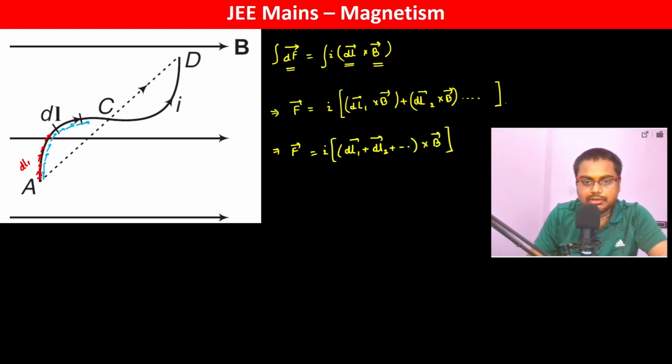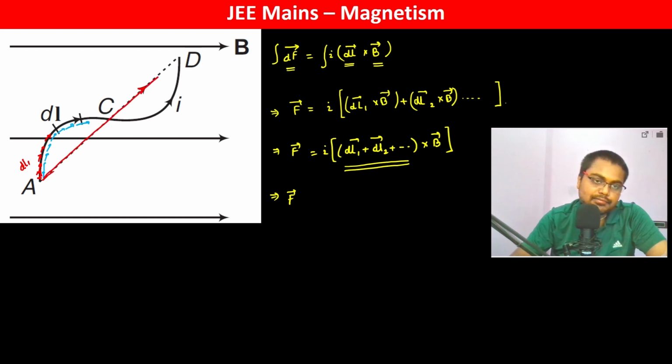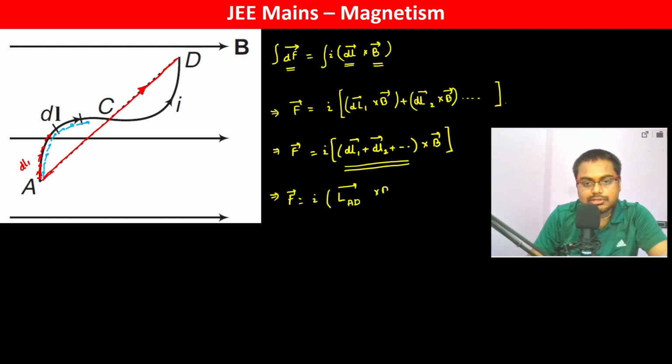Now this entire thing actually becomes displacement, the vector from a to d here. All these together become this. So we can write F is equal to I, l a d cross B.